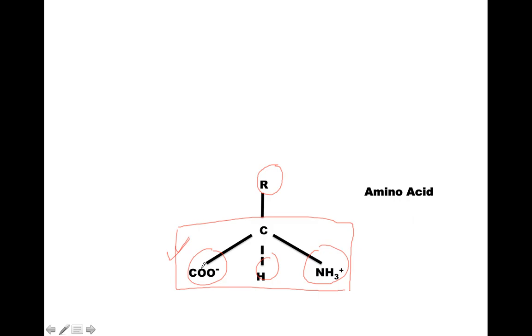So basically, an amino acid is negatively charged as well as positively charged. It's an amphipathic molecule which contains both the charges, positive as well as negative. But the properties of an amino acid are mostly decided by the R group, because this is the only group which is going to be varying.